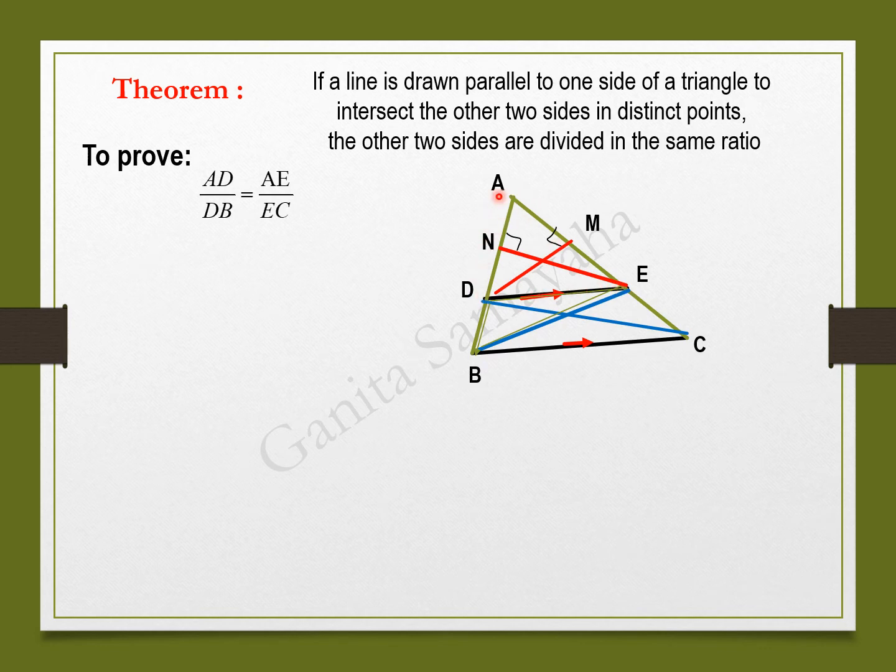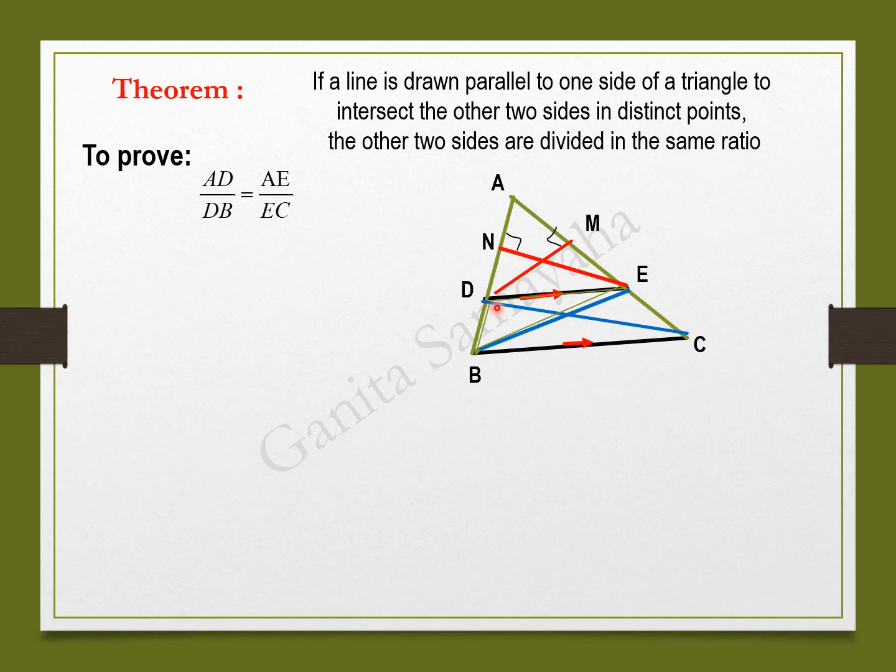For this triangle ADE and for the triangle BDE, NE happens to be the common height. Similarly, with triangle ADE and triangle DEC, DM happens to be the common height. When AE is the base, DM is the height for this triangle ADE. And for this triangle DEC, if we consider EC as the base, then DM will be the height. So DM is a common height to triangle ADE and DEC.